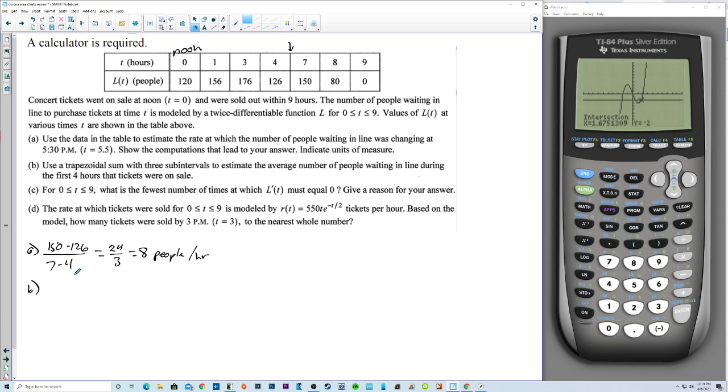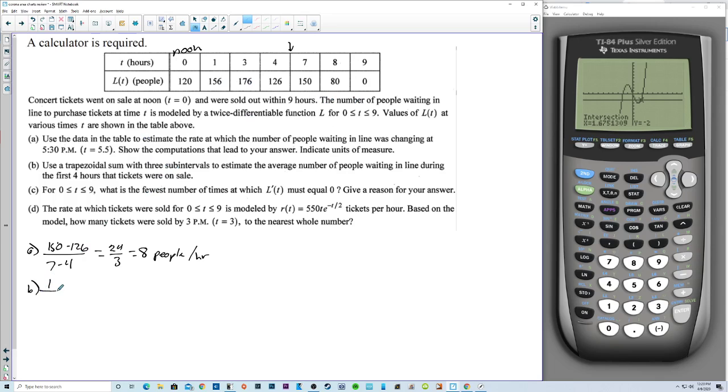B, use a trapezoidal sum with 3 subintervals to estimate the average number of people waiting in line during the first 4 hours that tickets were available. Well, L of t is number of people, so we want the average value.